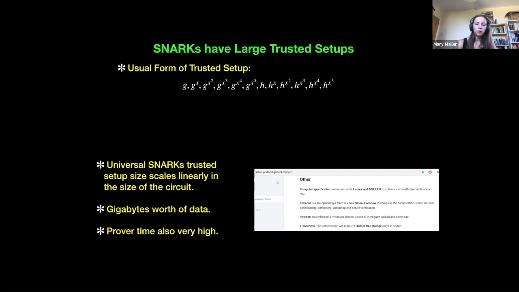And what this resulted in was that the actual setup itself consisted of many, many gigabytes worth of actual data, which then had to be communicated across the network. So the only people that could really participate in this trusted setup ceremony were people that had access to very good internet connections and very good computers.